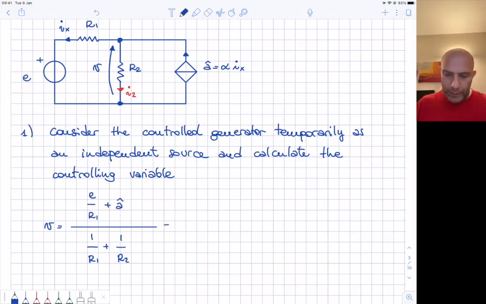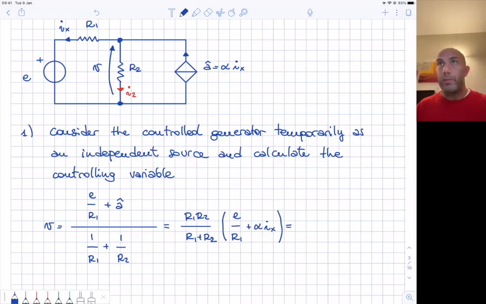We can go on with the algebra of this formula, having R1 R2 divided by R1 plus R2 that multiplies E over R1 plus alpha Ix.